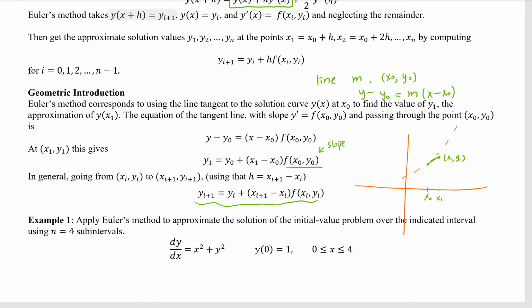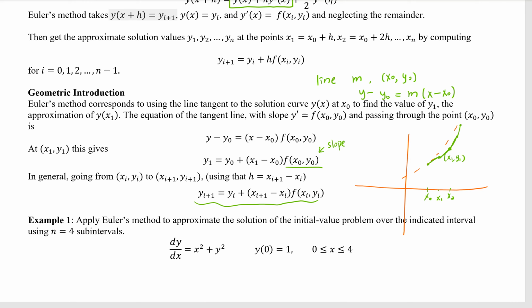And then we imagine following the slope field passing through this point, and then this is x2. We get this point x2, y2. And then we follow the tangent line at that point, and we also get a line segment. This is our approximation. So far, so good, everybody?